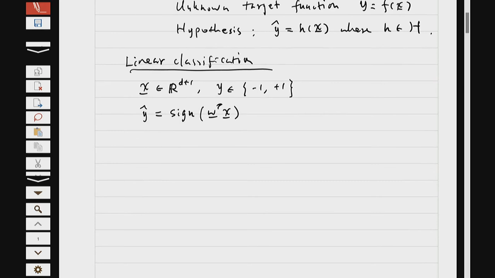We can use a picture to represent this. We can draw our perceptron. x0, x1, these are the features, maybe up to xd. Each comes in and is multiplied by its weight, w0, w1, up to wd, and we sum them all up.